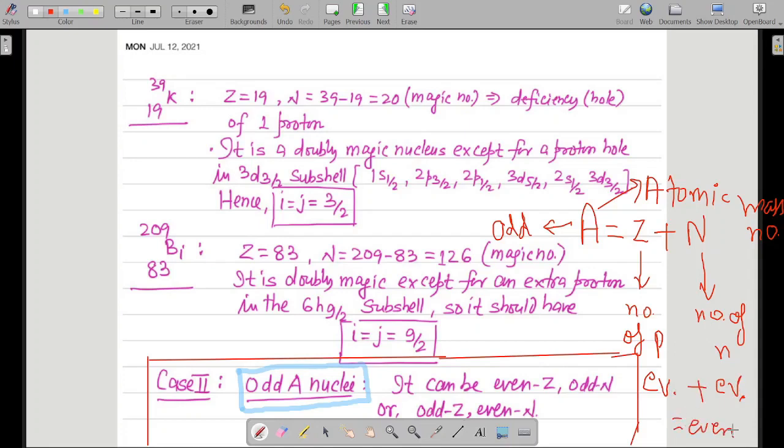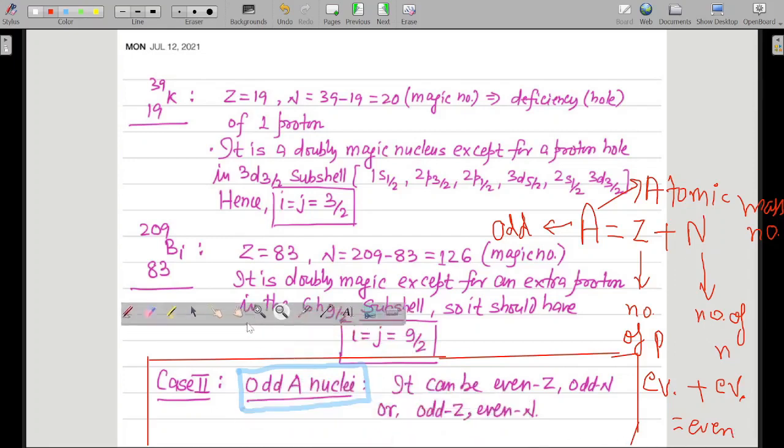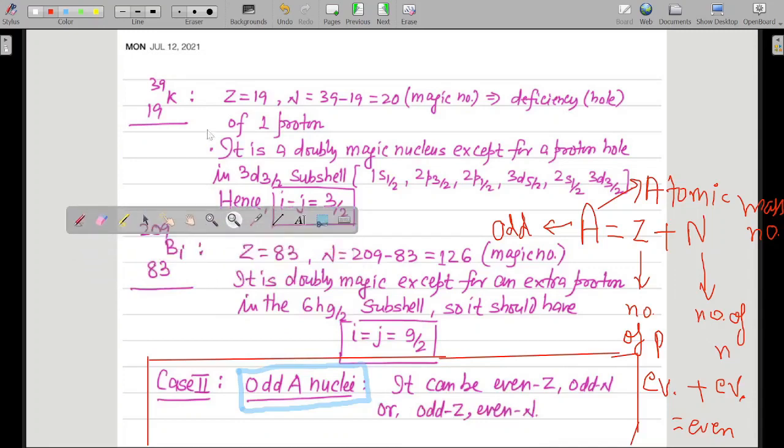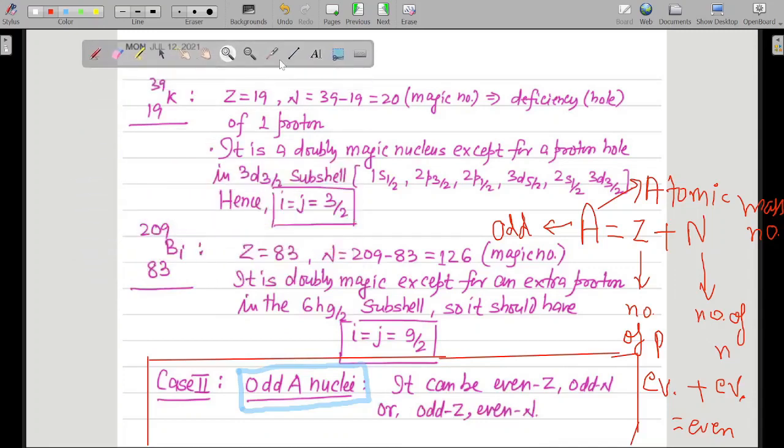So an odd atomic mass number A is possible only if either Z is even and N is odd, or Z is odd and N is even. Look at this carefully. As the atomic mass number A is odd, two cases are possible.